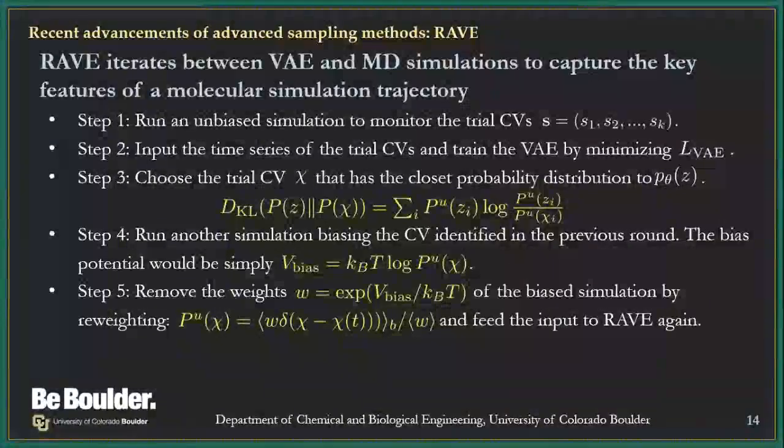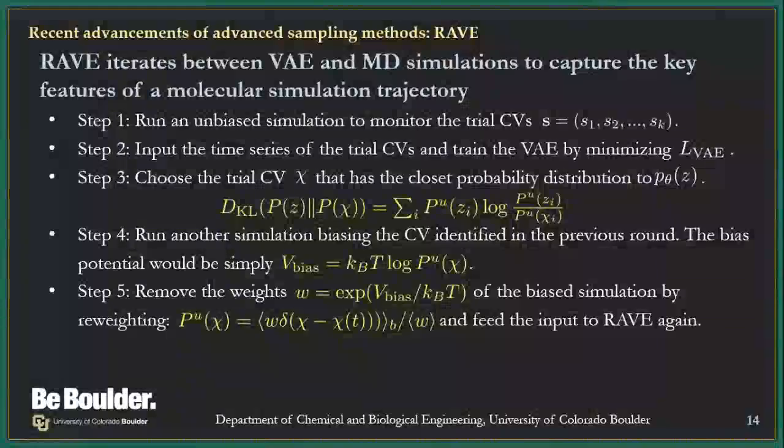However, the way that the data is compressed in the bottleneck layer might be very complicated. So we will get an output CV from the RAVE algorithm, but we don't directly use that CV output as our final collective variable.